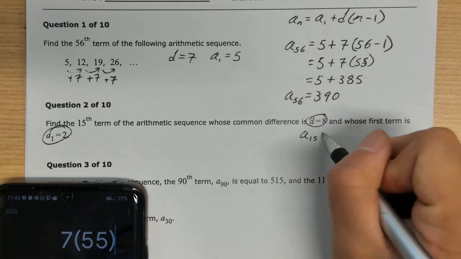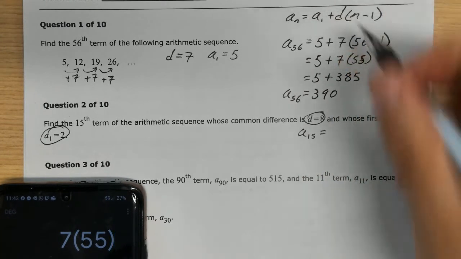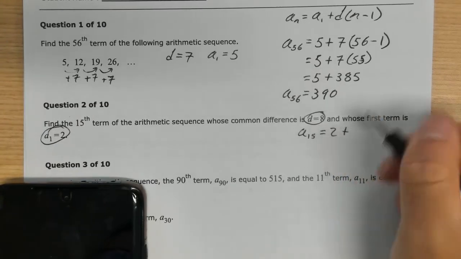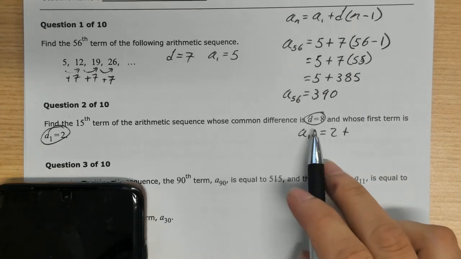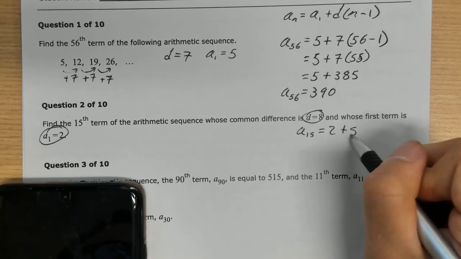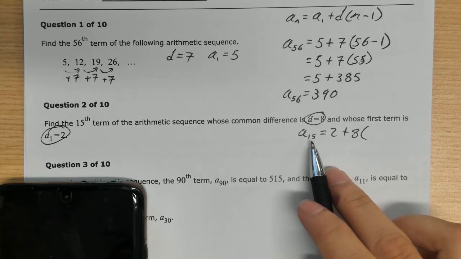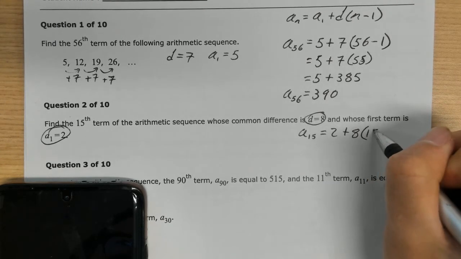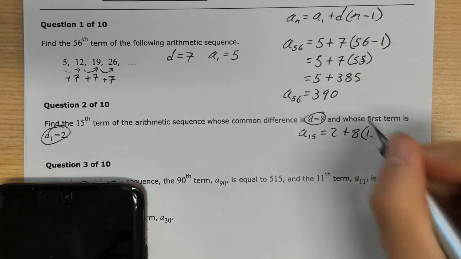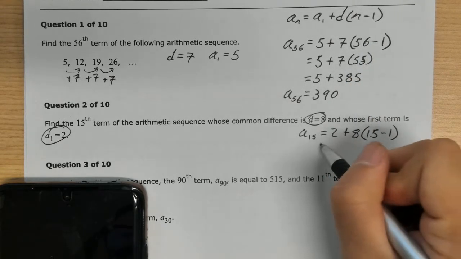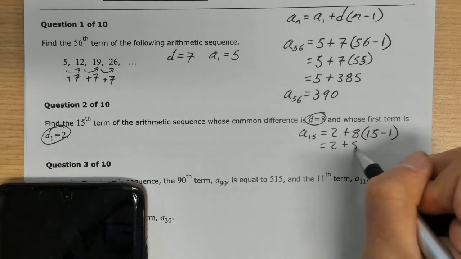So the 15th term is going to be my a sub 1, which is 2, plus the common difference, which is given to be 8, times n minus 1. Remember, n is the number of the term I'm looking for. I'm looking for the 15th term, so it's going to be 15, and of course, the minus 1. Remember to simplify whatever is inside of the parentheses first.